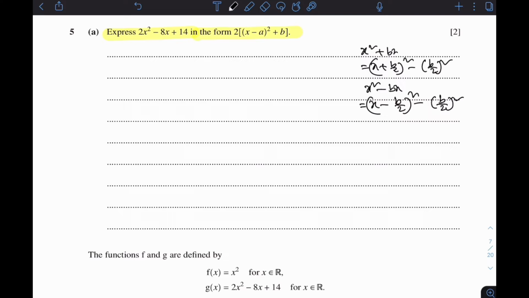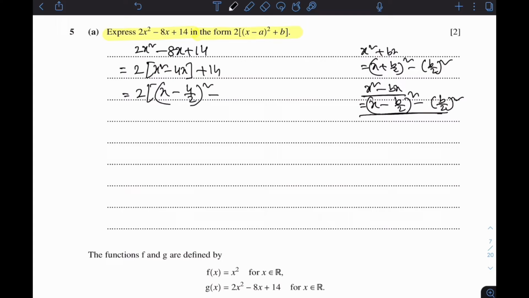In the same way, you can use this formula here: 2x square minus 8x plus 14. Okay, now let me take 2 as common: 2 (x square minus 4x) plus 14. Now we can use this formula. Here b is 4, so we can directly write (x minus 4 by 2) whole square minus (4 by 2) whole square, close the bracket, then plus 14.